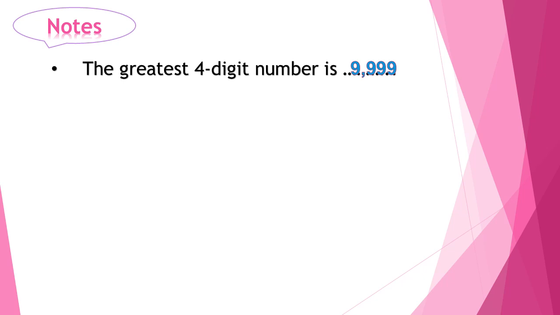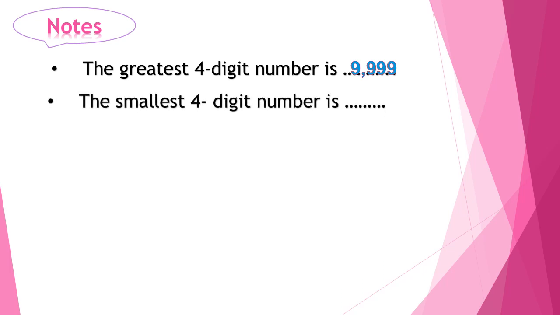As we said before, start from the right, 1, 2, 3, and put comma. Now let's read from the left. 9,999. The smallest four-digit number. It means I have 4 places or 4 rooms: ones, tens, hundred, and thousand.